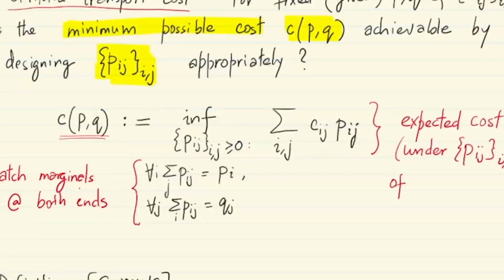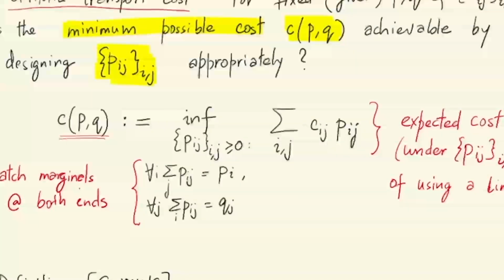of using a link or a route. Think of capital I comma capital J being drawn from the distribution Pij, and C of capital I comma capital J would be the random cost of using that link. This essentially lays down an expected cost objective.